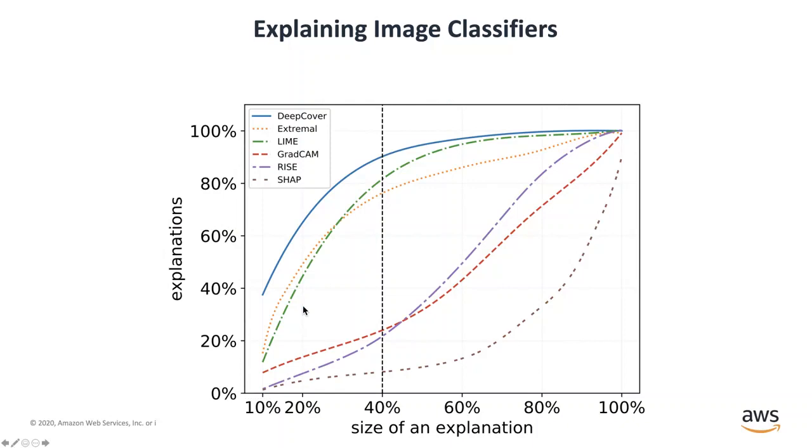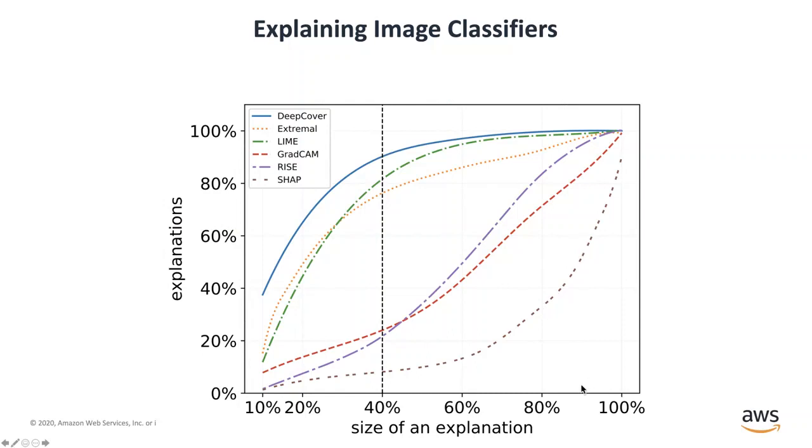As you grow your explanation, as you grow the subset of the image, you would expect to see more and more correct explanations. SHAP was a tool that was pioneering in this area, and as you can see, you need to give it a pretty large part of the image before it produces not even half of the labels correctly for your data set.